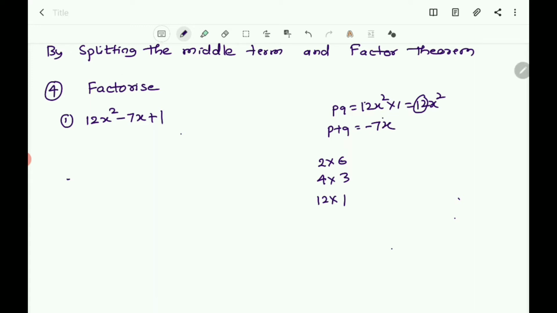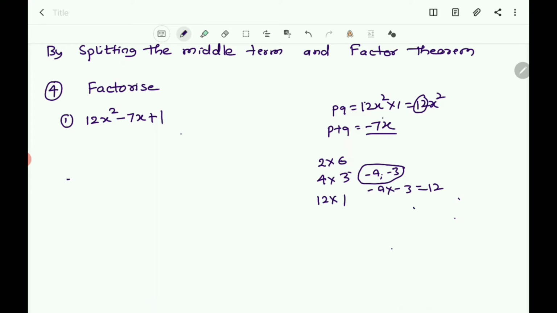Now here you observe the sum, that is minus 7x. So here you know that minus 4 and minus 3 becomes minus 7, and the product of minus 4 and minus 3 also is equal to 12. So you can have these factors 4 and 3 with negative sign.